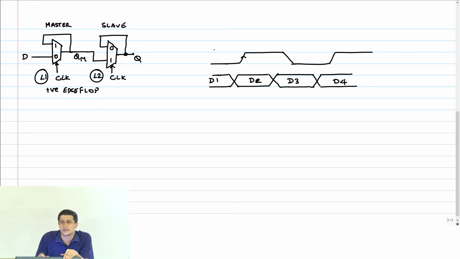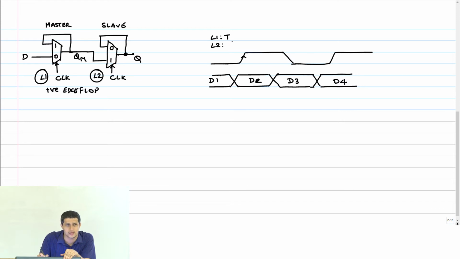So first of all, in each phase of the clock, when clock is 0, tell me if L1 is transparent or opaque. When clock is 0, L1 is a negative latch, so data has to go through. Therefore it's going to be transparent. L2 will be opaque.